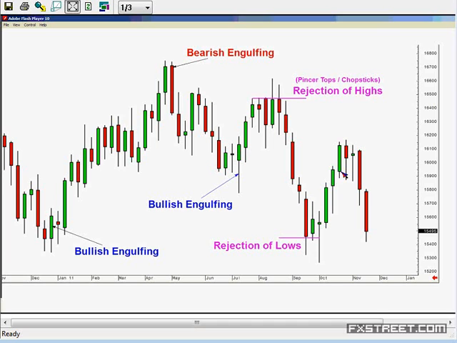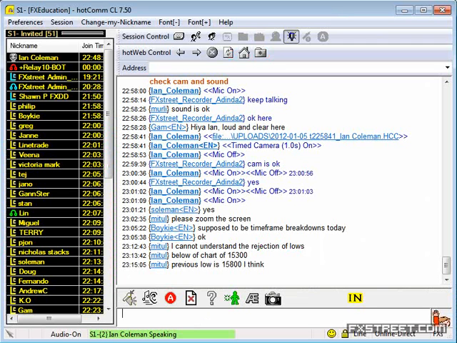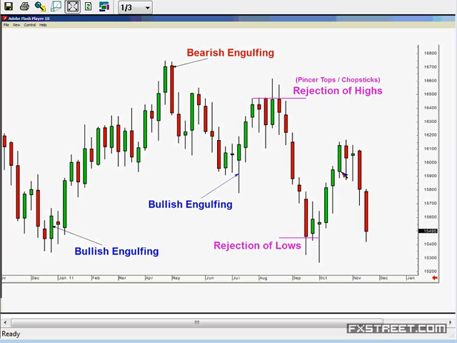A lot of analysts or textbook engulfing candles will say that just the body has to engulf the previous body. Okay. What I like to see is the whole of the candle being engulfed.